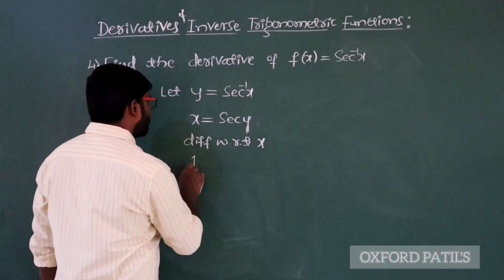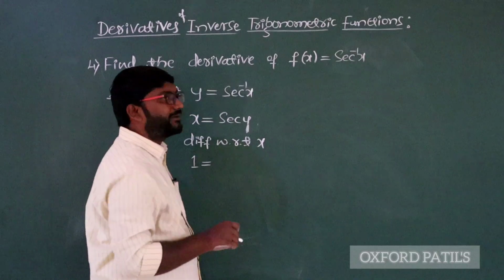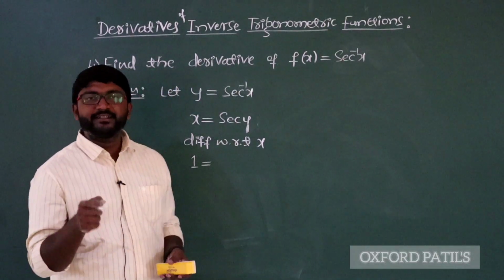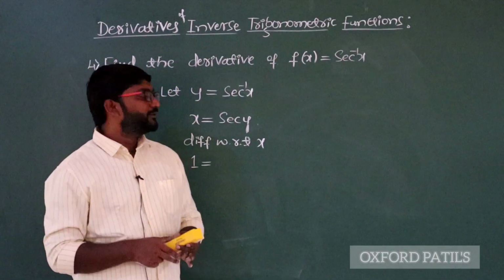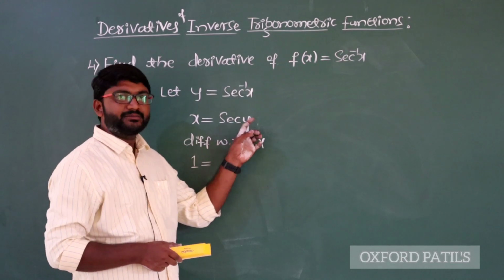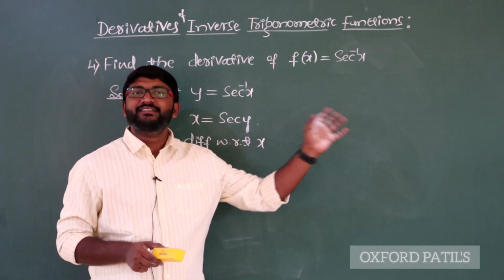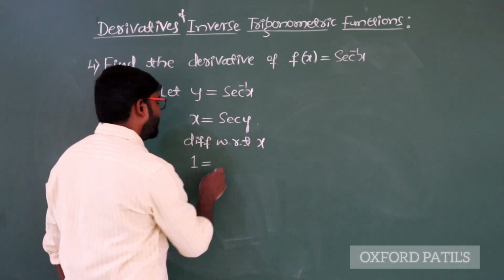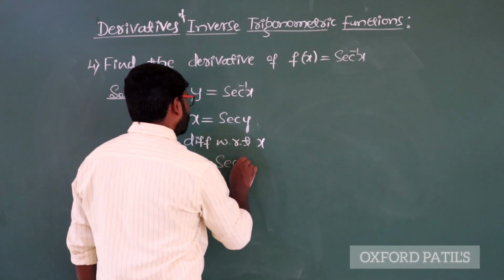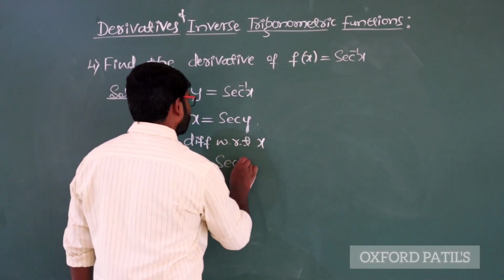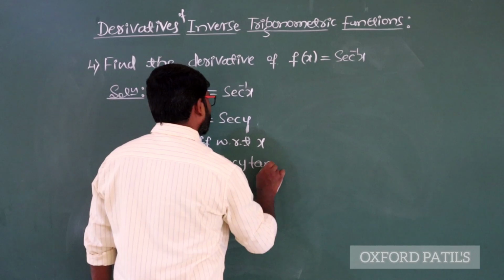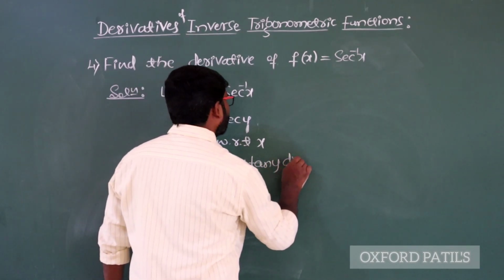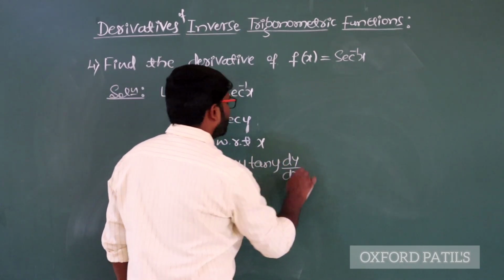The derivative of x will be 1. Then the derivative of secant y. What is the derivative of secant x? It is secant x into tan x. But here we have a y term, which means we should get dy by dx at the end. So the derivative of secant y will be secant y into tan y into dy by dx.